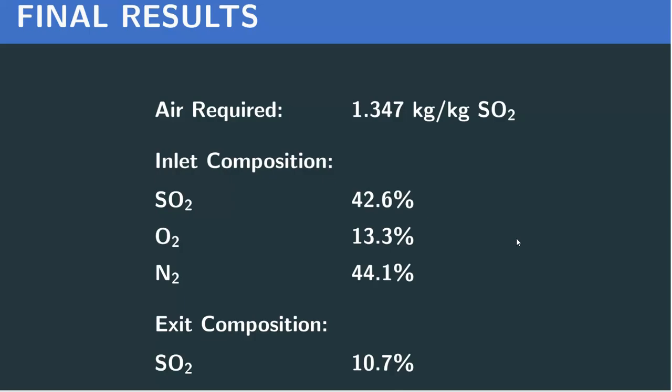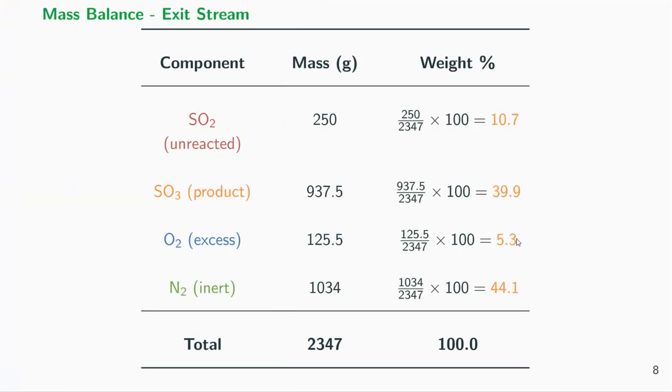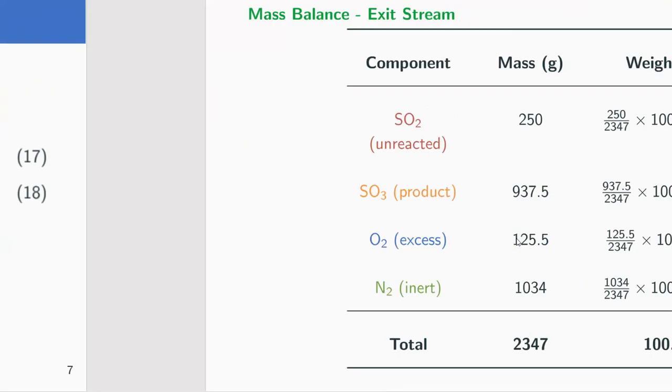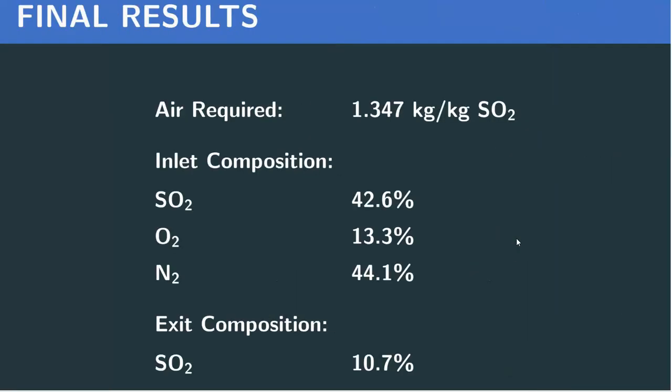Now the final result. Air required is 1.347 kg per kg of SO2. Inlet composition: SO2 is 42.6%, oxygen is 13.3% and nitrogen 44.1%.